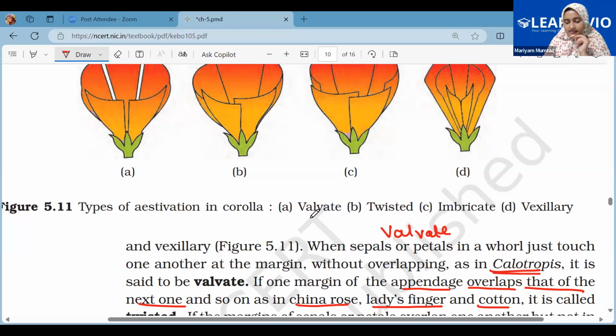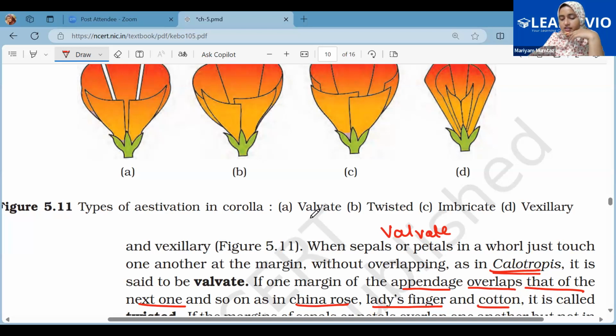In this type of estivation, the margins of sepals or petals just touch each other. Full stop.